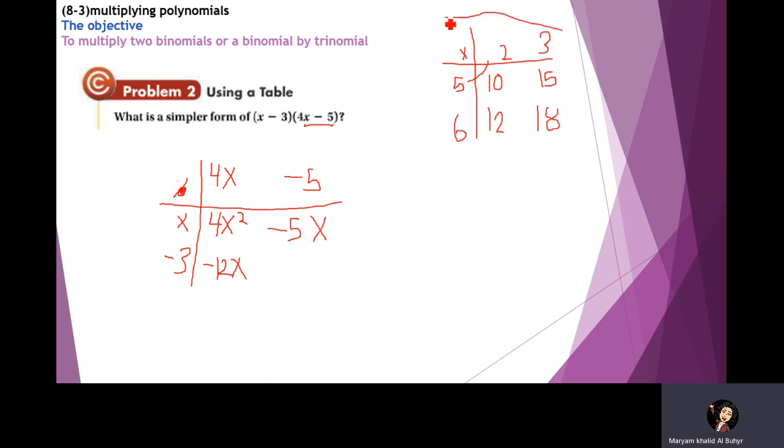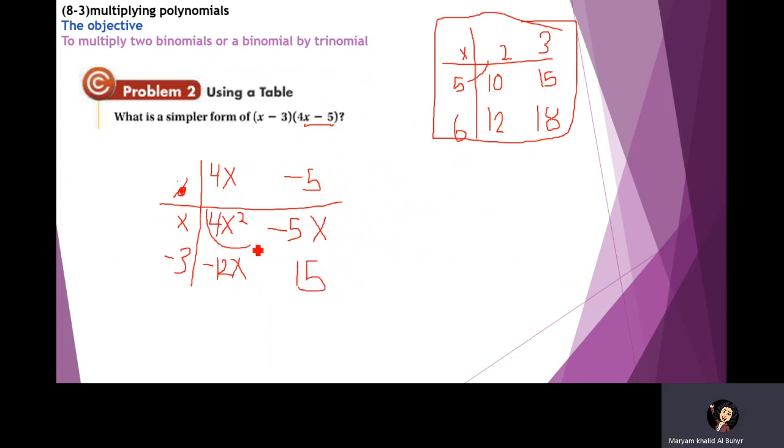So exactly the same idea that we are doing here, but the only thing different is we will do one more step: we will add all these terms together. Negative 3 times negative 5, that will be 15.